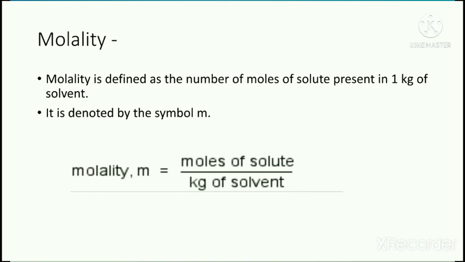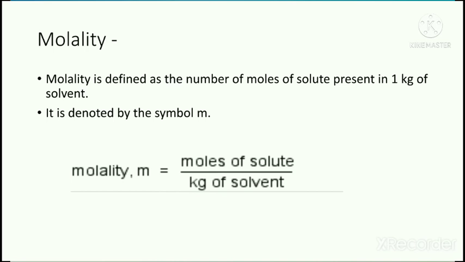Next, that is the fourth way of expressing the concentration, is molality. Definition: molality is defined as the number of moles of solute present in 1 kilogram of the solvent. I'll repeat the definition. Molality is defined as the number of moles of solute present in 1 kilogram of the solvent.